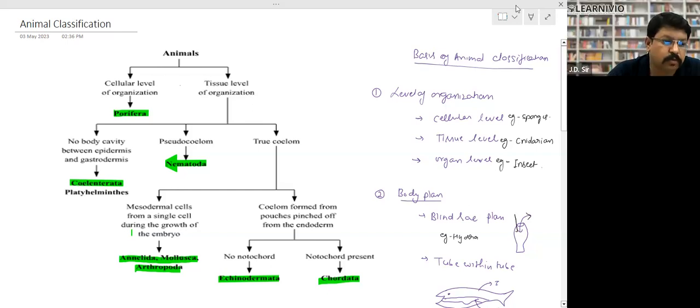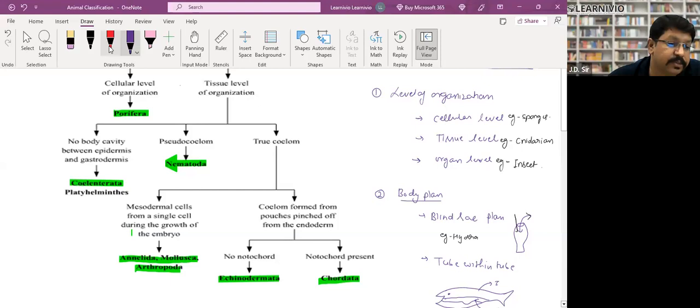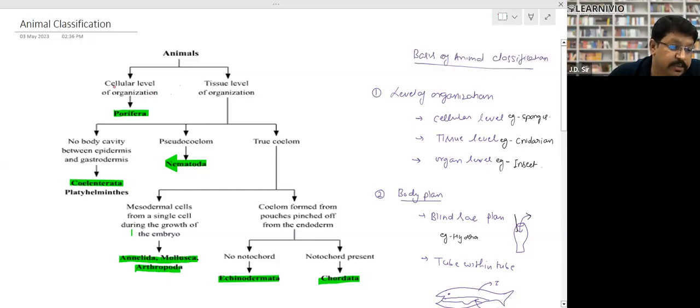So look, now there is the animal classification. Try to understand. Animals have been divided into two categories on the basis of complexity or level of organization. The first criterion which we study is level of organization: first cellular level, then tissue level. We have already discussed that. This classification system is based on whatever we have studied till now.